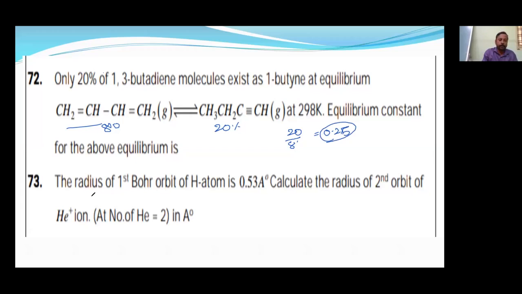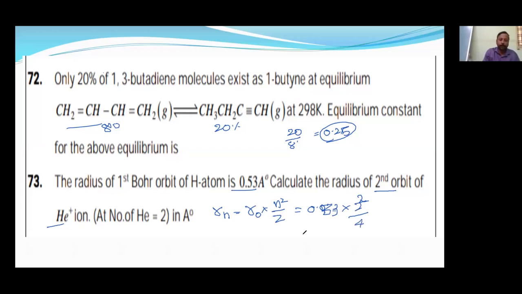Then the radius of the Bohr first orbit is 0.0529, but he told us to take 0.53. Calculate the radius of the second orbit of helium. For that, a very easy formula: radius of nth orbit is equal to R0, the radius of the first orbit, into n square by Z. So we substitute 0.53 into n square, that is second orbit, so 2 square, divided by helium's Z, which is 2, gives 4 by 2.